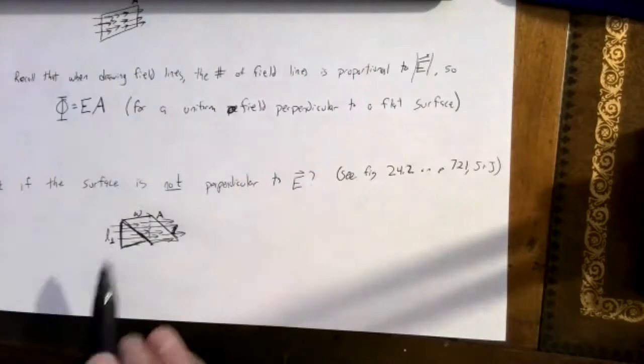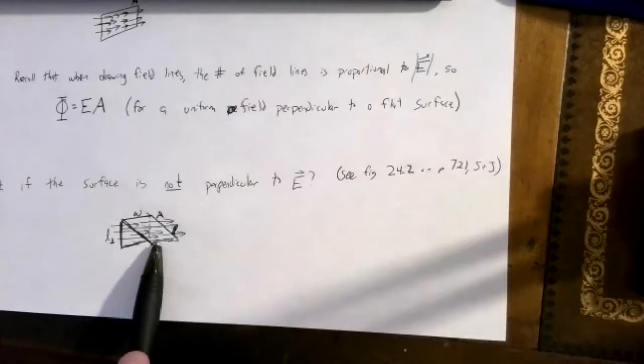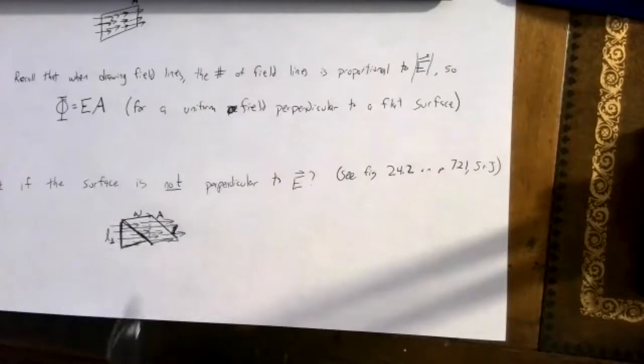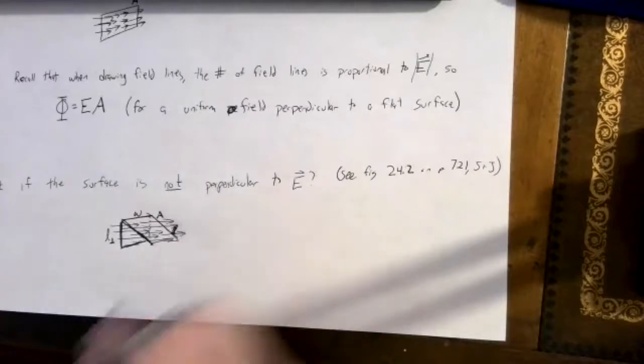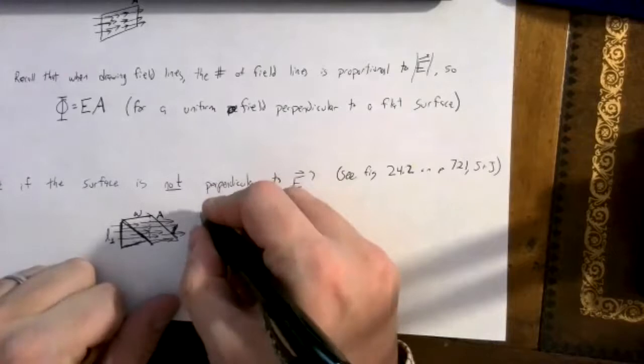So the number of lines that are going to pass through both of these rectangles is going to be the same, because from the point of view of the electric field lines, both of these rectangles have the same cross section. So let me write that.